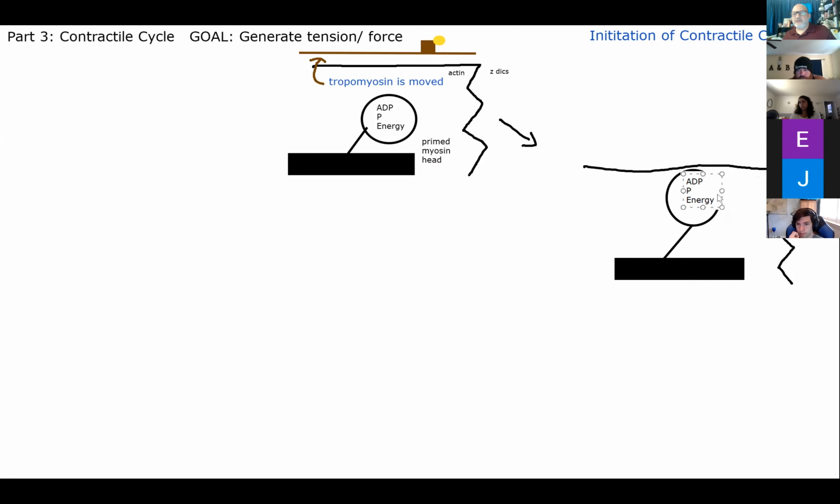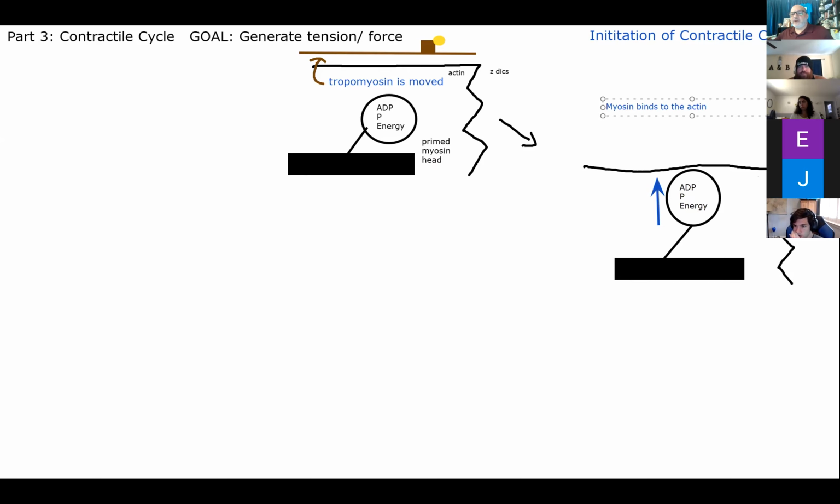With the ADP, the phosphate, and the energy. So with the regulatory proteins out of the way, myosin is finally able to bind to the actin. Which is fun and easy and simple to say.